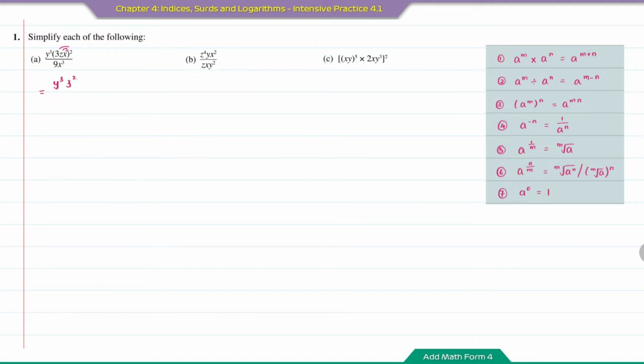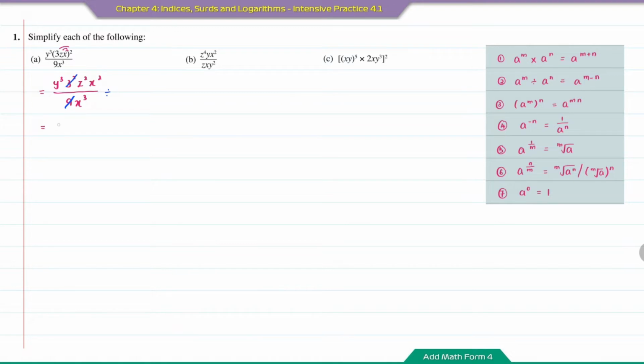So here you're going to have 3 squared, z squared and x squared over 9x cubed. Now if you look at the number, 3 squared is equal to 9, right? So I can cancel the 9s here, and the operation in between them is a division.